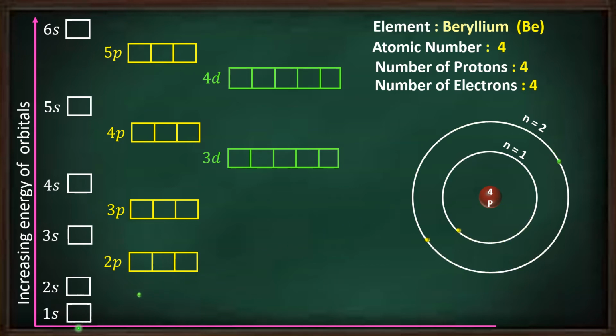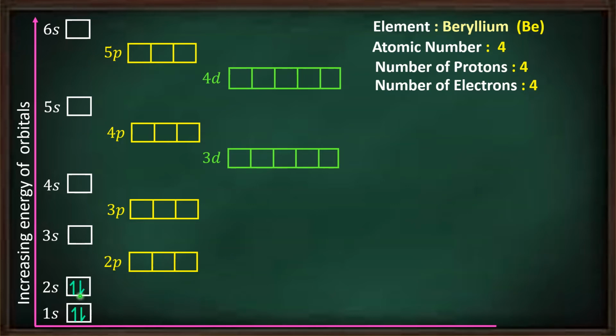So we have to fill these 4 electrons into the various orbitals. The first electron enters into the 1s orbital. Second electron pairs up with this electron. Next, 1s is filled, electrons enter into the 2s orbital, isn't it? And the last electron, that is the fourth electron, is filled into the 2s orbital.